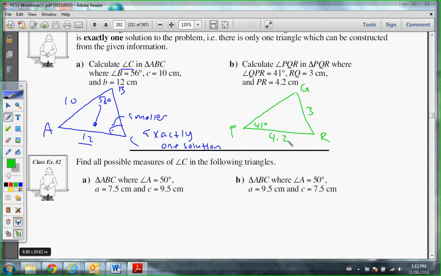But now 41 makes 3, and I'm trying to find angle PQR. If 41 makes 3, then I know that my Q is bigger than 41. So it could be 0 or 2 solutions. We'd have to figure it out by solving first. It's probably going to be 2 though because it's a connected triangle. 0 is when it doesn't connect, but 0 or 2, their answer they're looking for is not exactly 1.